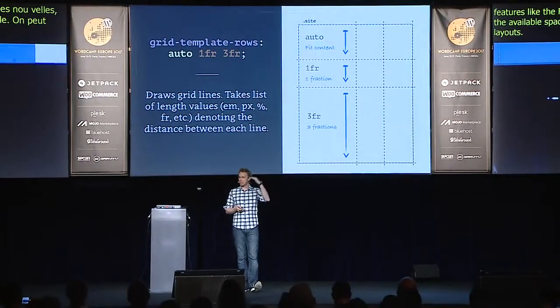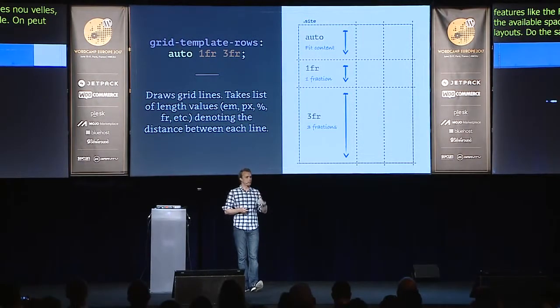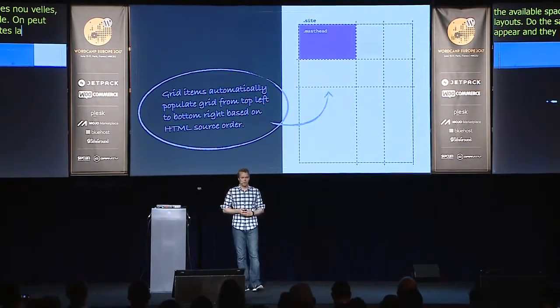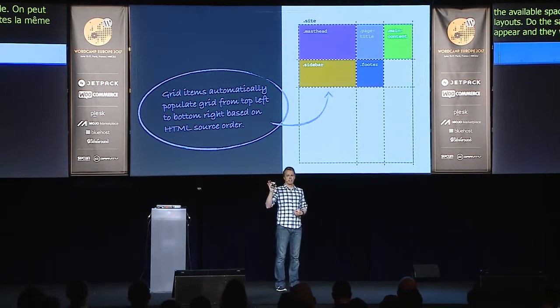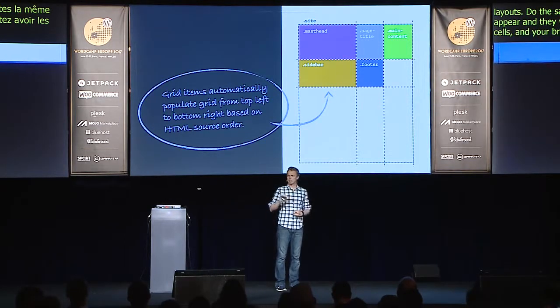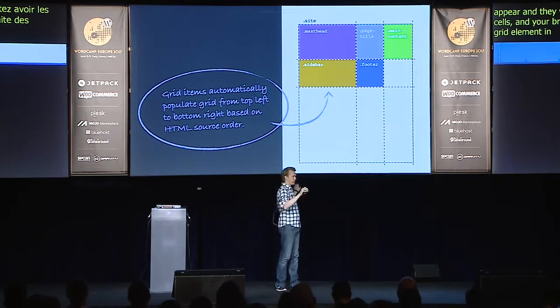So you can make truly dynamic layouts. Do the same with rows. You just declare a list of where you want the rows to appear, and they will appear automatically. Once you've drawn rows, you have cells, and your browser automatically places all the direct descendants of the grid element in those cells, from the top left to the bottom right.